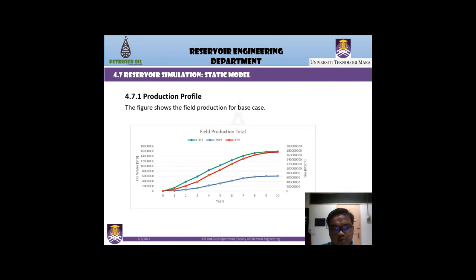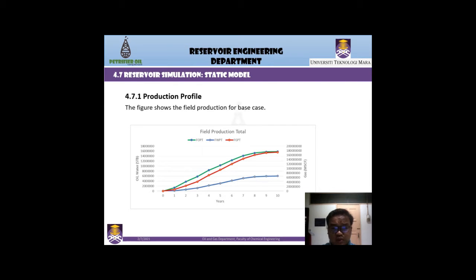So for the production profile, we have generated the production profile for the base case. The production of the base case wells is around 10 years. The y-axis at the left side refers to oil and water in stock tank barrels, and the y-axis at the right refers to gas in million scuff.